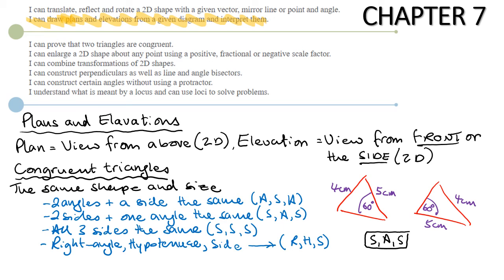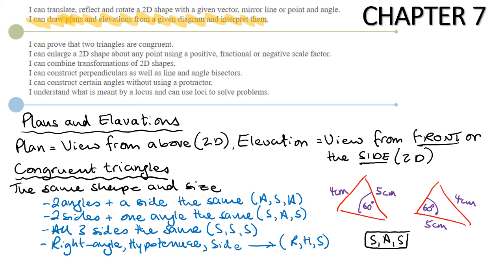Now, if I was just to move that 4 and put it somewhere else, if I put that 4 here, these are no longer congruent. Look at the positions of the sides. This 4 is now touching the 60. It's not touching the 60 over here. So just by moving that side, they're not congruent. So I'm going to move that back and make them congruent again.